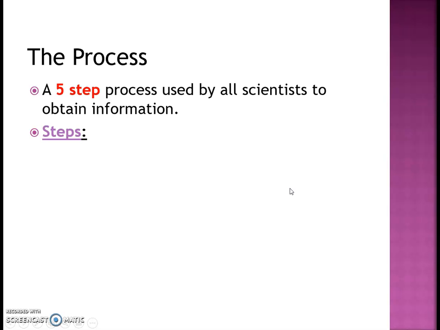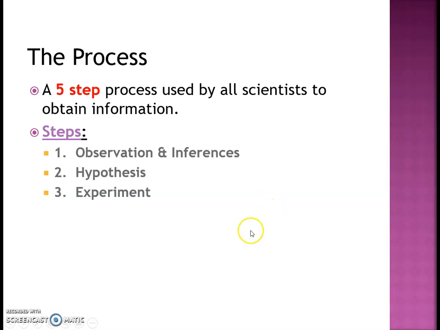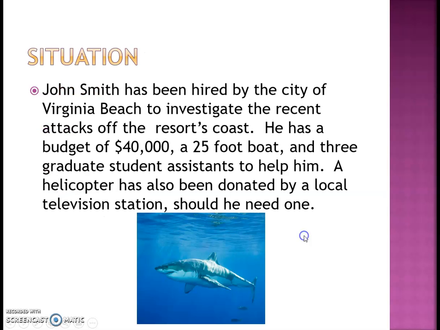The steps that we're going to look at here are observation and inferences, which we talked about earlier, the difference between those two things, creation of a hypothesis, the actual experiment itself and the components that it contains, data that is collected, and of course coming up with some kind of an analysis or conclusion at the end.